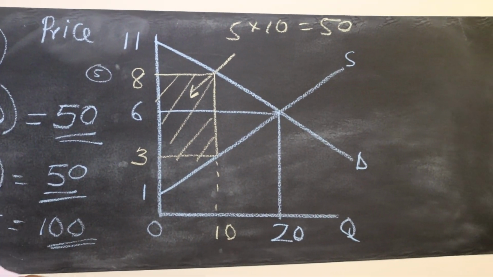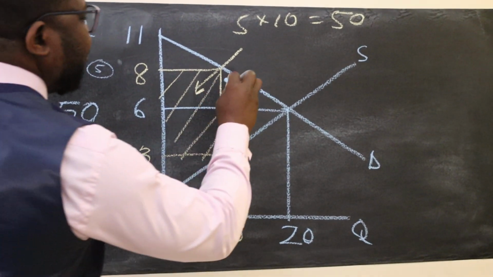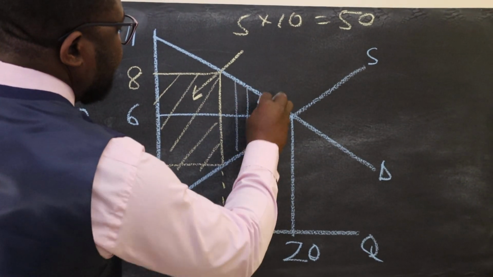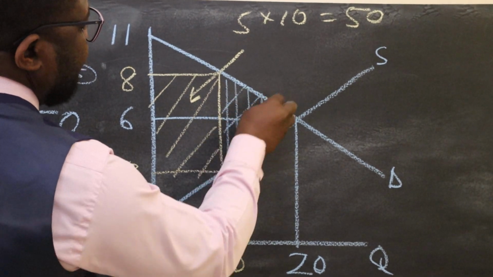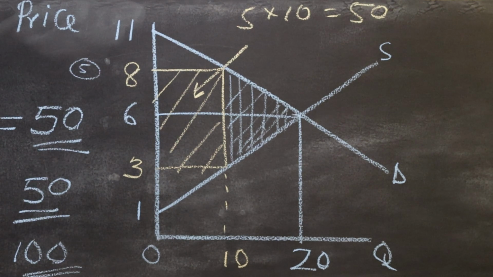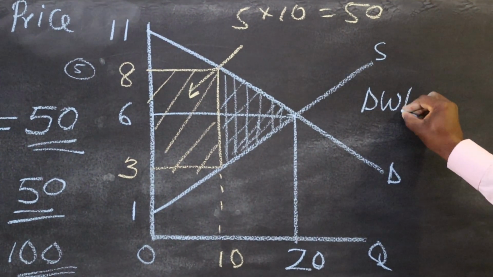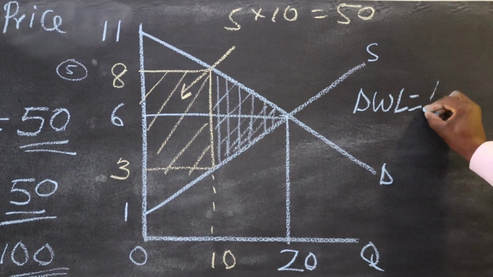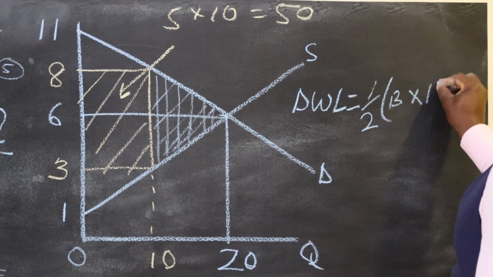What about if you are asked to calculate the deadweight loss, which is this area here? This area can also be calculated using half the base times the height. So I'm going to work out the deadweight loss over here. The deadweight loss would be equal to, again, half of the base times the height.